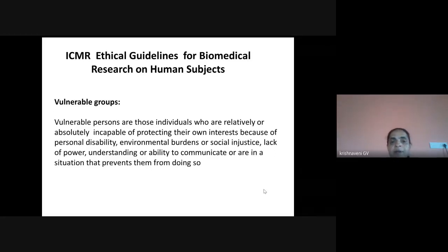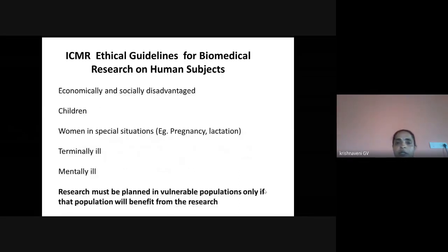Likewise, people in certain health conditions can also be considered a vulnerable group because some of the assessments may be harmful for them. So some examples are economically and socially disadvantaged groups, children, as I said, and women in special situations like pregnancy and lactation. Because in these situations, if there is a risk, the risk is not only for the mother, but also for the growing baby or the lactating baby.